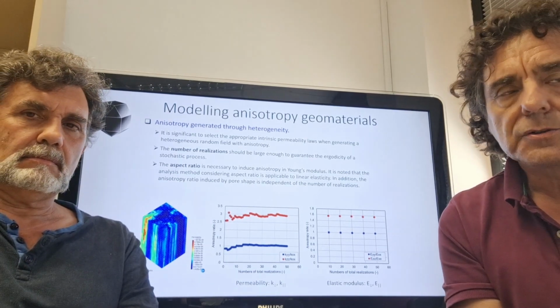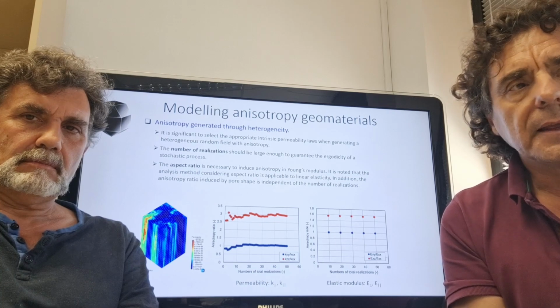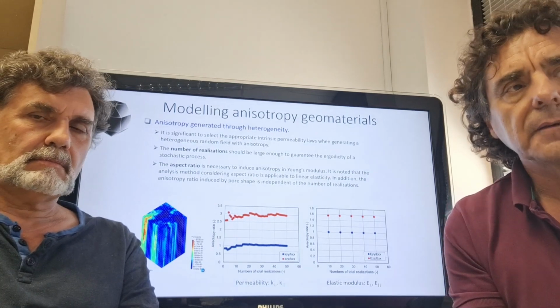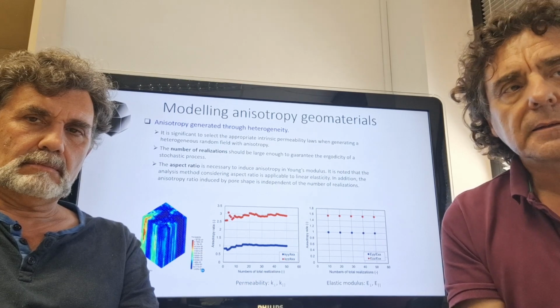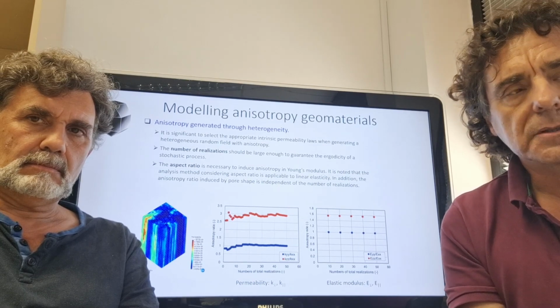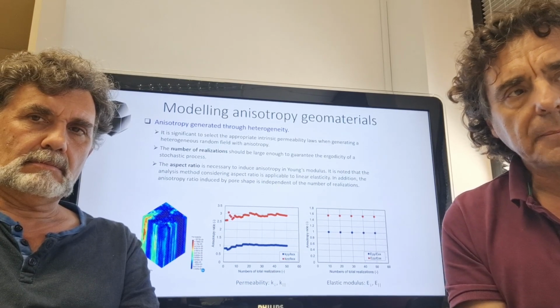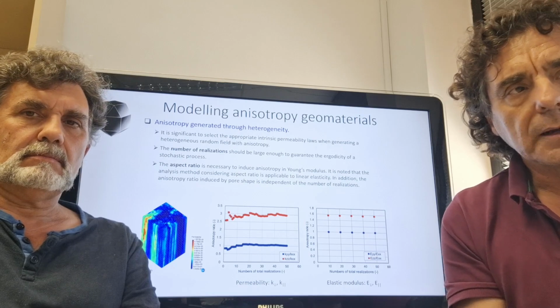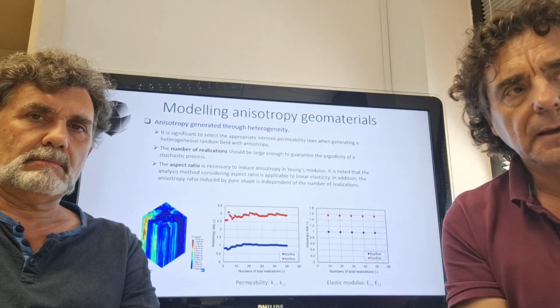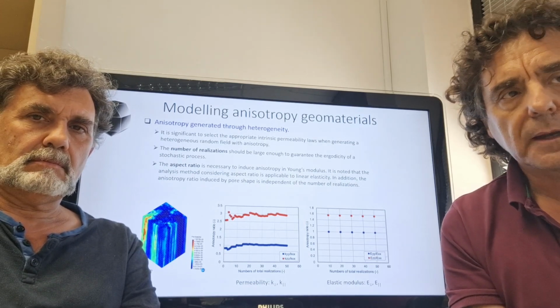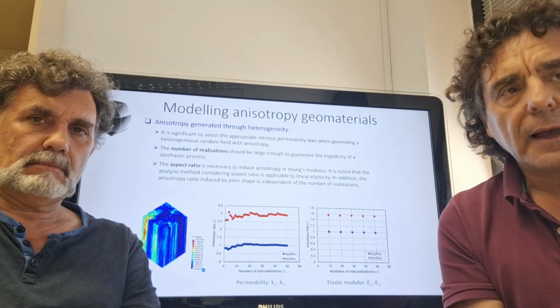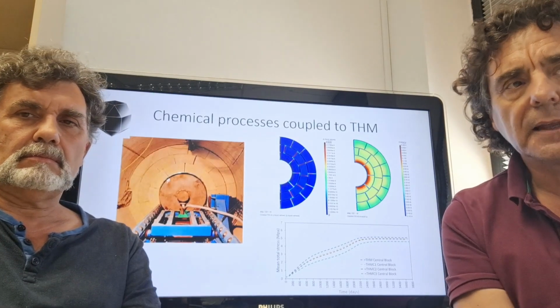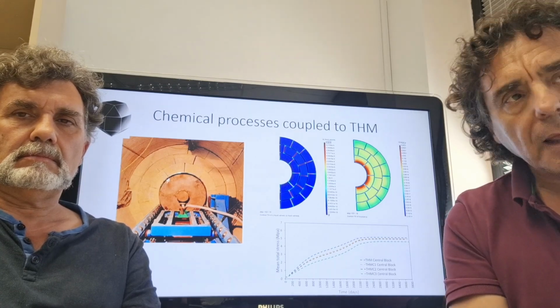It can be done also in this way when the spatial correlation and the different correlation parameters are considered in different directions. Then something that appears as locally isotropic becomes globally anisotropic, and some properties can be represented in this way.